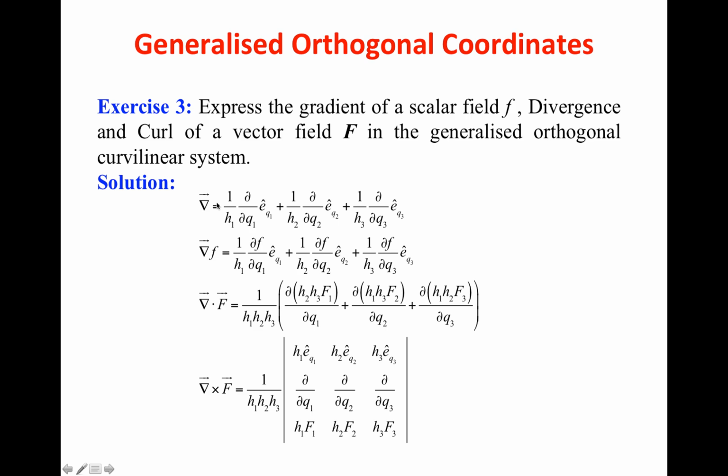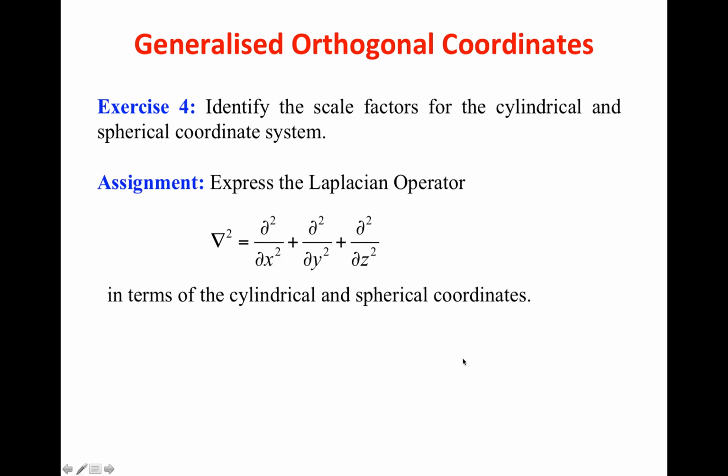This is a solution which I have already given to you, that the del operator will be represented in this way. The gradient of a scalar field is given by this, and similarly we have the divergence and the curl operator for my curvilinear coordinate system. They are all represented in terms of the scale factors h1, h2 and h3.